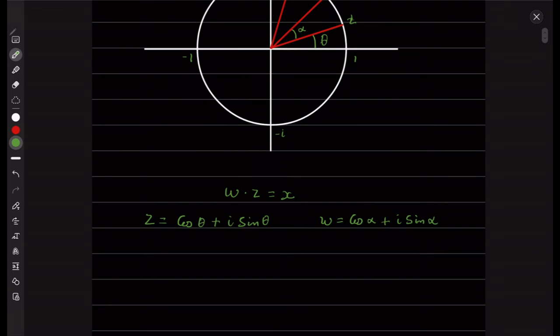Wz should also be the addition of the angles.